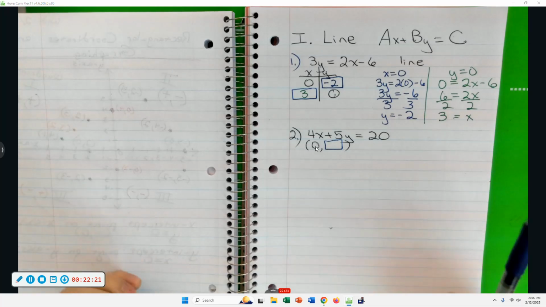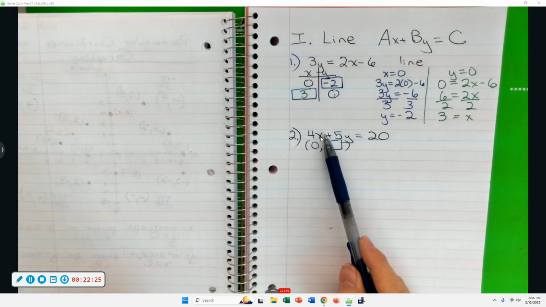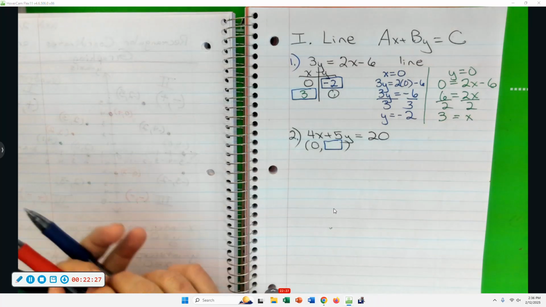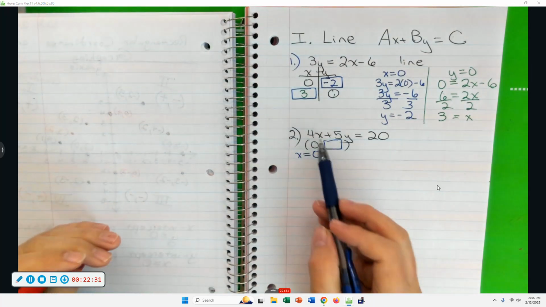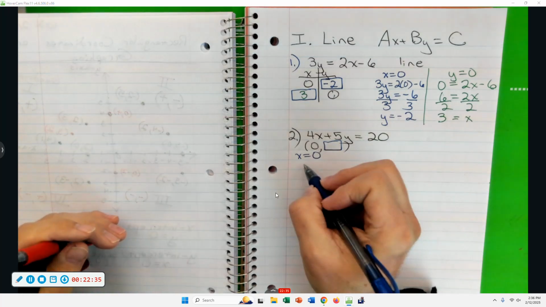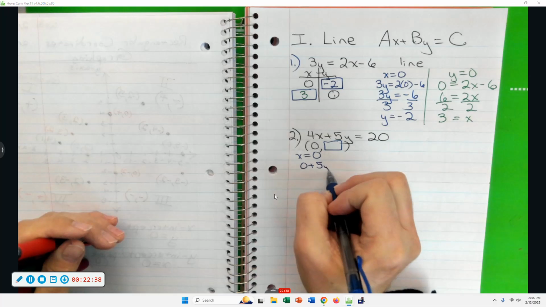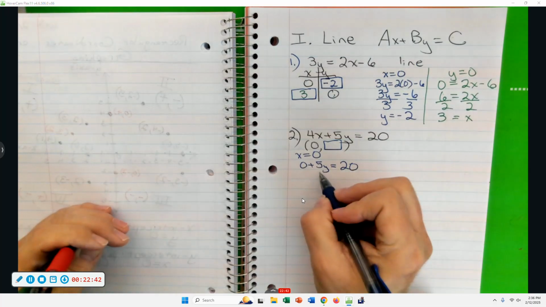Find y. Okay, we're going to find y when we plug in 0 for x. So we're going to let x equal 0. 4 times 0 is 0 plus 5y is equal to 20. 0 plus 5y is just 5y.